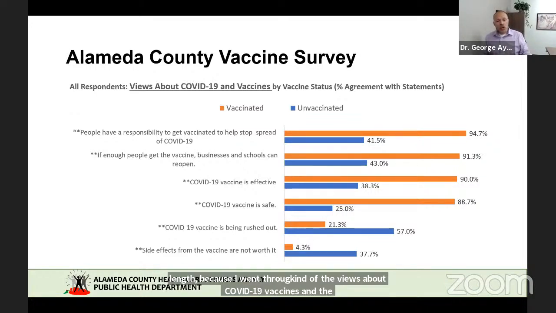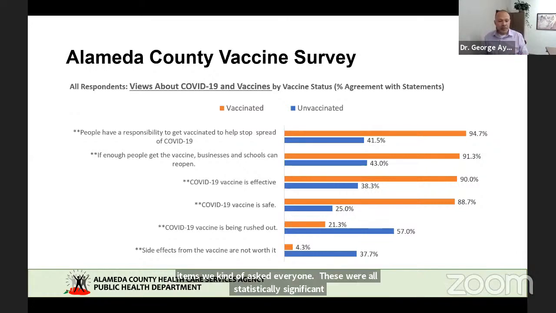These were all statistically significant differences in the analysis that Liz conducted. But you'll see that there are important differences between vaccinated respondents in the orange and unvaccinated respondents in the blue, across the board of these main views.